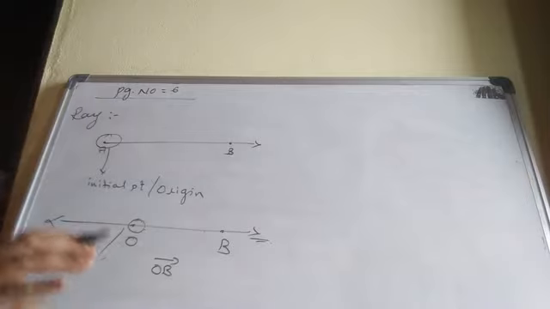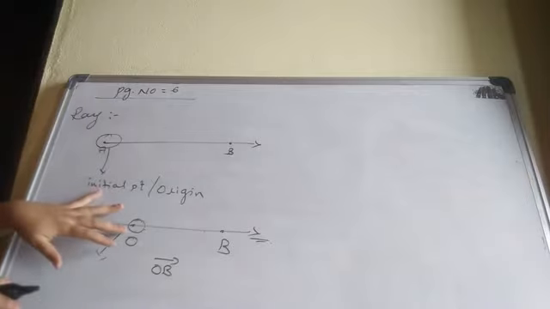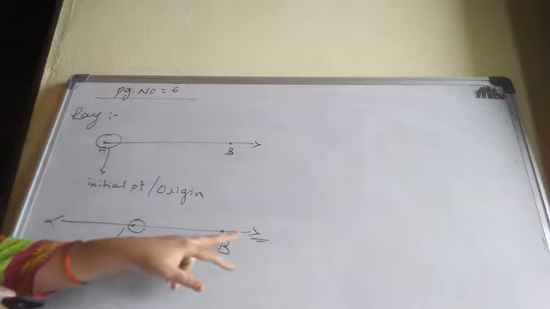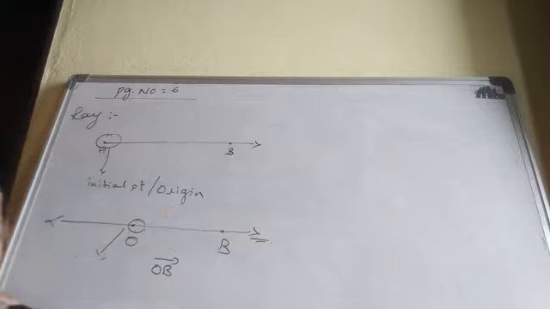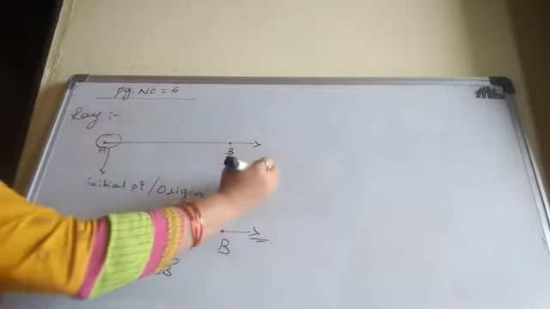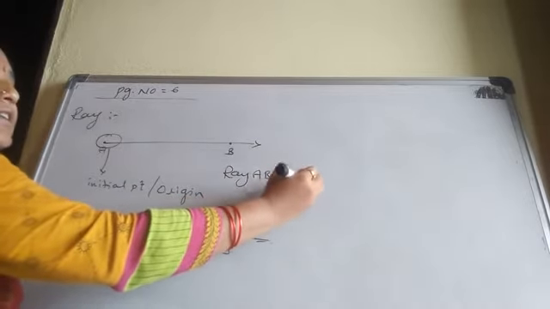A portion of a line which starts at a point. See here, this is my starting point, and it goes infinitely in a particular direction, and that is called a ray. How will we write it? Ray AB, symbolically, ray AB.